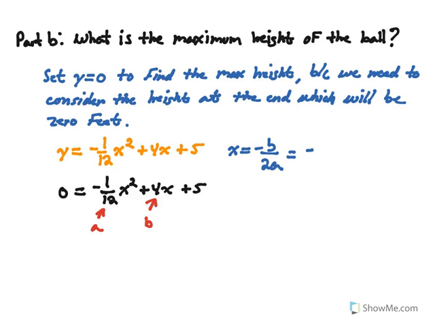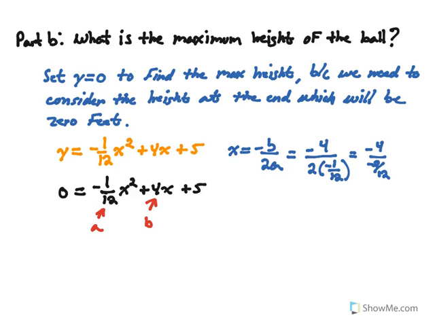So we have minus, we said B was 4, right? So it's just minus 4 over 2 times minus 1/12. When you do that, this is just basic arithmetic. That's going to be minus 4 over 2 times negative 1, which is negative 2 over 12.